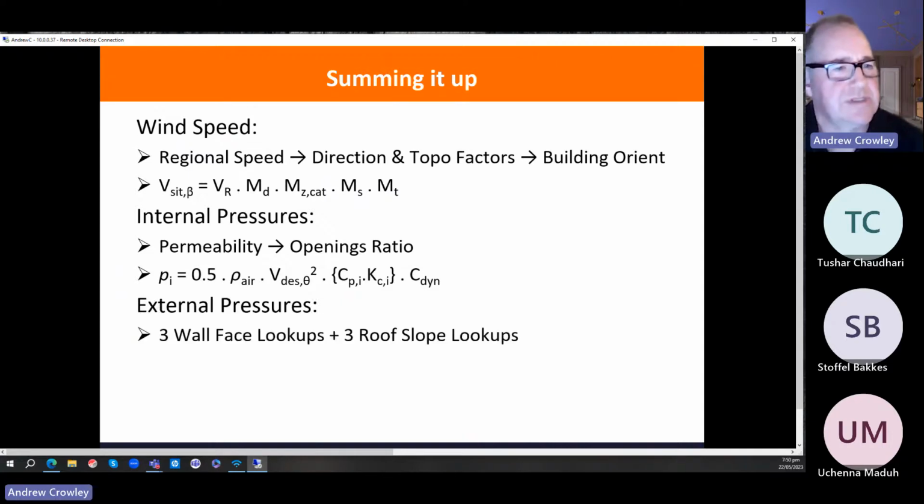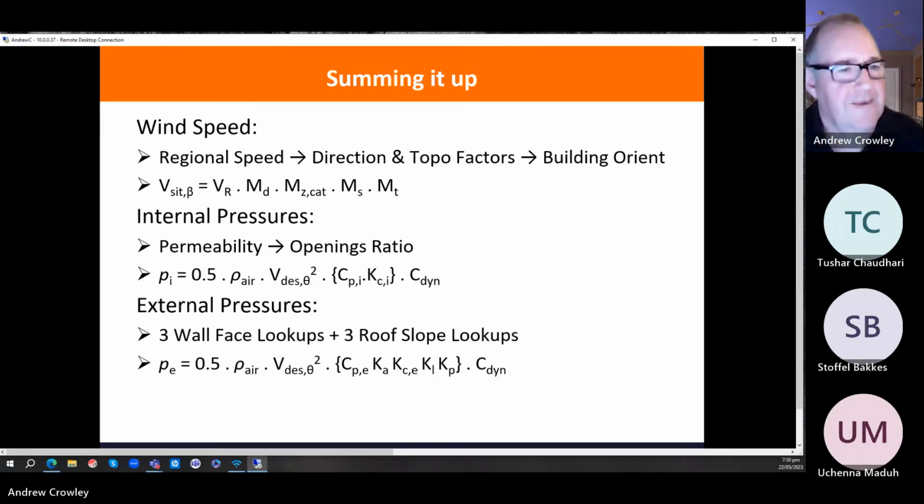External pressures, similarly: 3 wall faces to look up, 3 roof slopes to look up, and you then multiply that by all your factors and your design wind speed to get your pressure on the external face of your cladding. Now don't forget, obviously, your external pressure acts at the same time as your internal pressure. So your structure has to support both of these things.